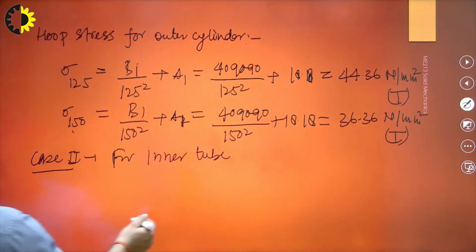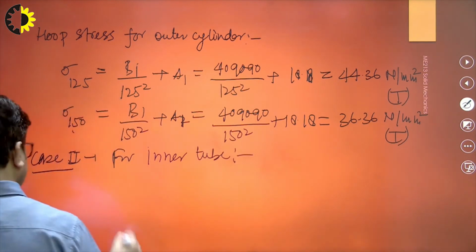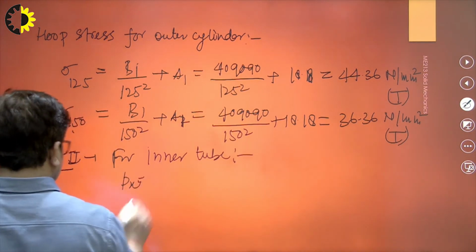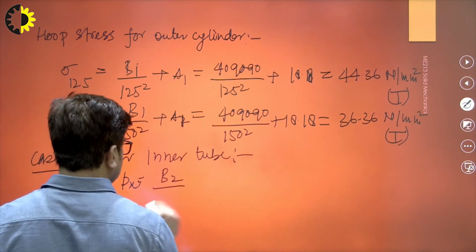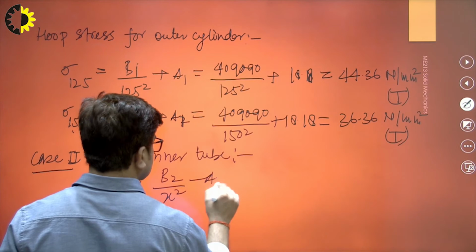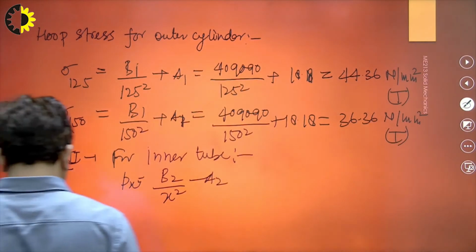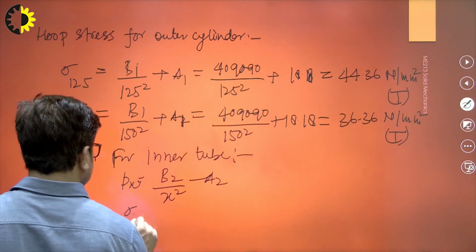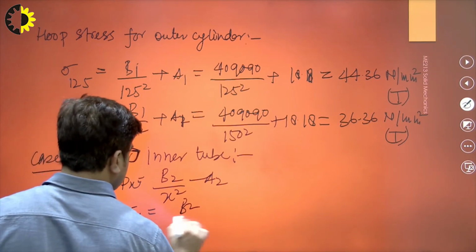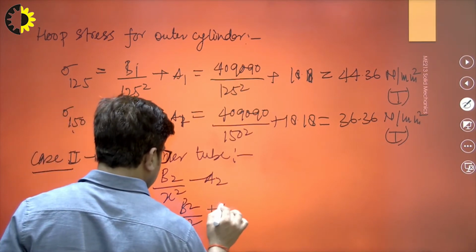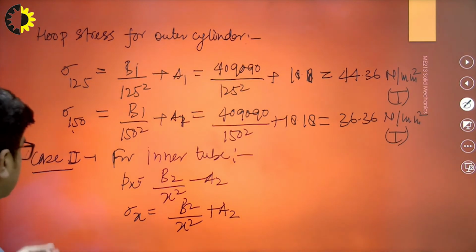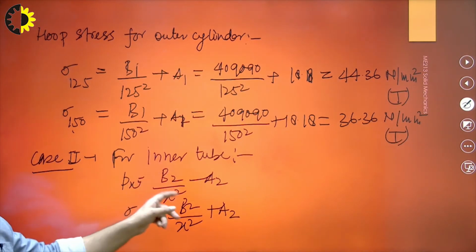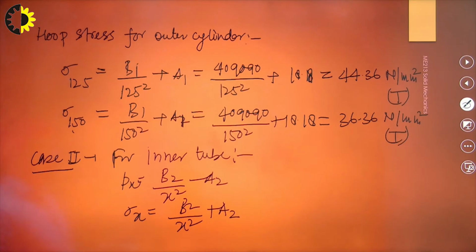Now Lame's relation for this, again Px equal to B2 by x square minus A2, and sigma x equal to B2 upon x square plus A2. Okay. So for the outer tube I have taken constants capital A1, capital B1, and for the inner tube I will take constants capital A2 and capital B2.